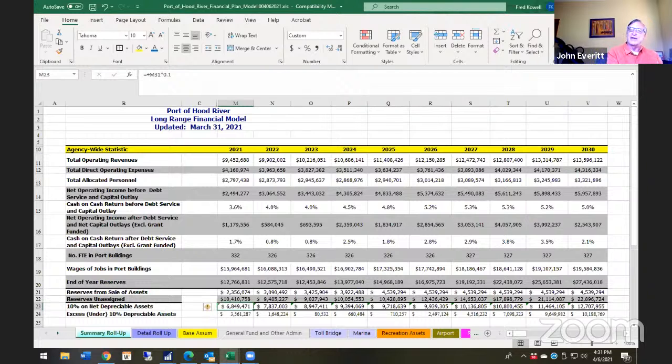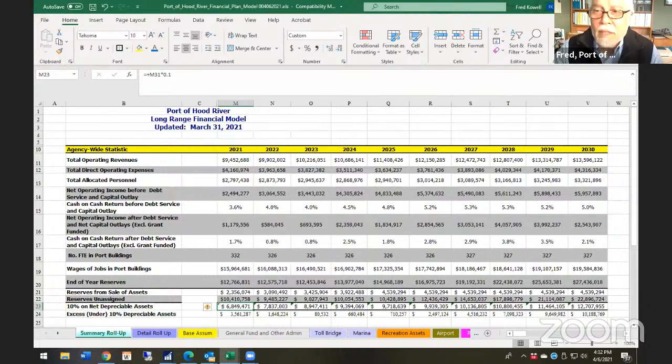I guess you got the hot seat right now. I'll put in my 2 cents and then let someone else take over. I think previous boards have always said that users should pay for their activity. Whatever the user is using, they should be paying some sort of fee, whether bridge or recreation. And there's more and more evidence that public agencies are going to user fees, because if you use it, you pay for it.